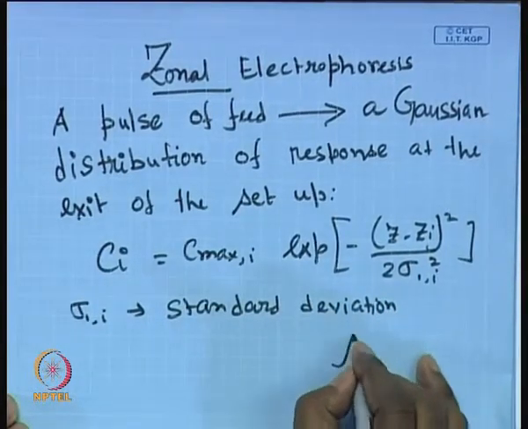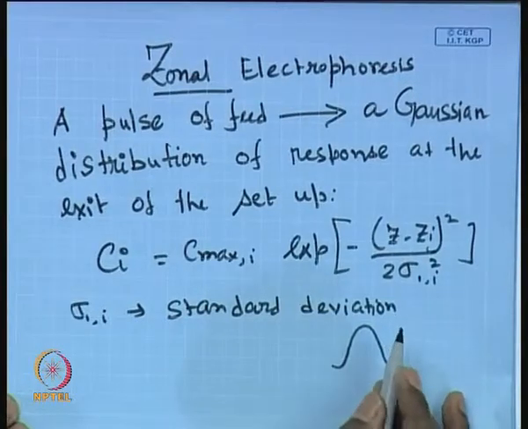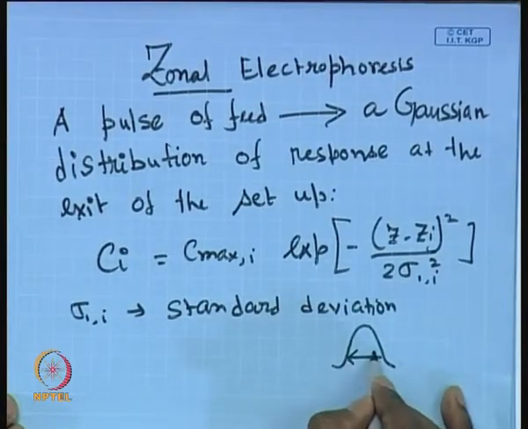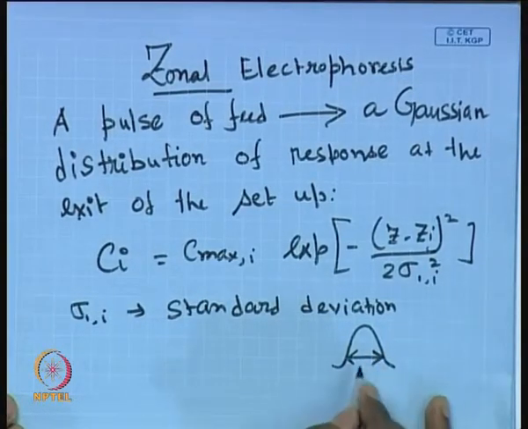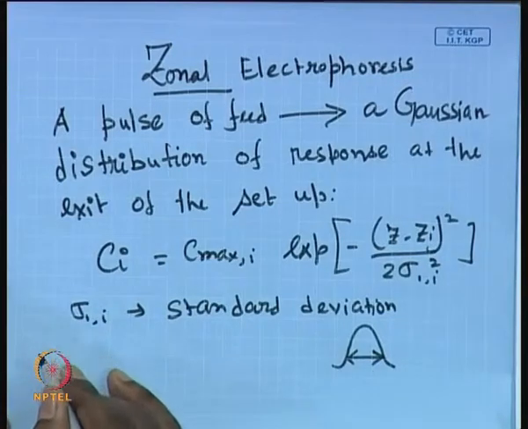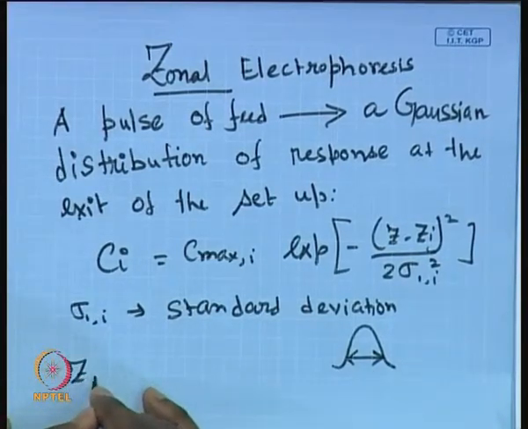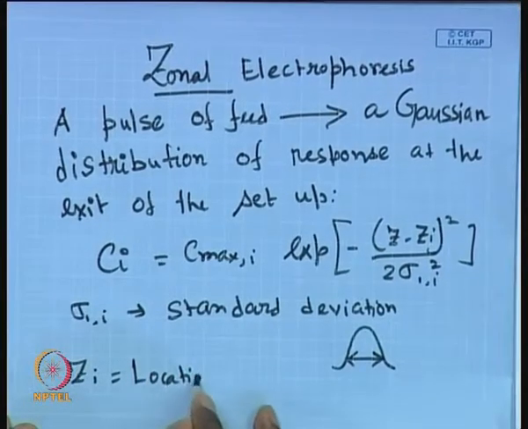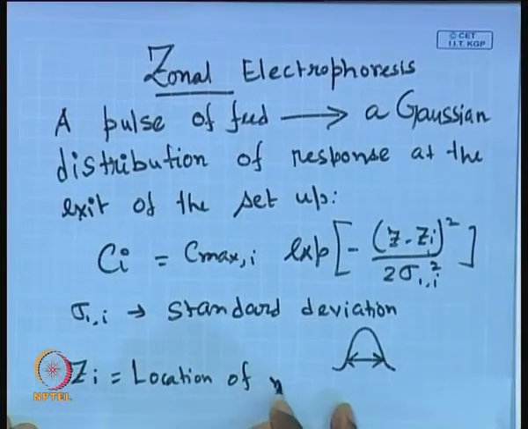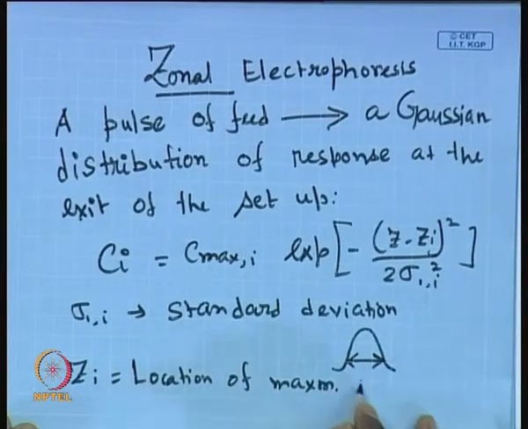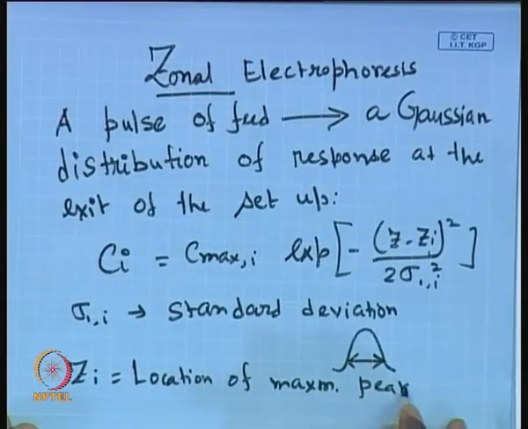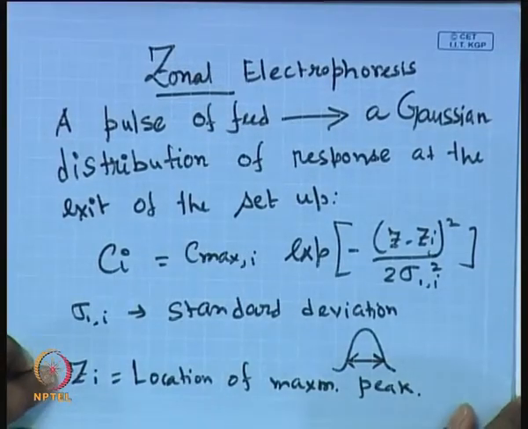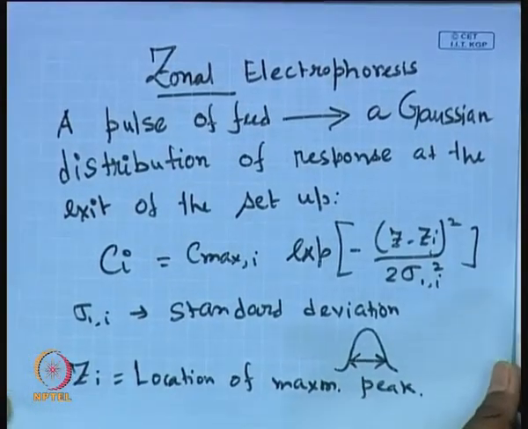If this is the Gaussian distribution at the exit, then the width is basically the standard deviation, and Z_i is the location of the maximum peak. Now, we can quantify the various quantities involved in the calculation.